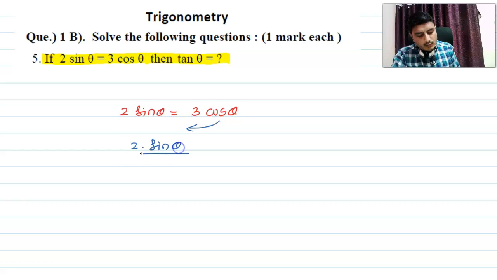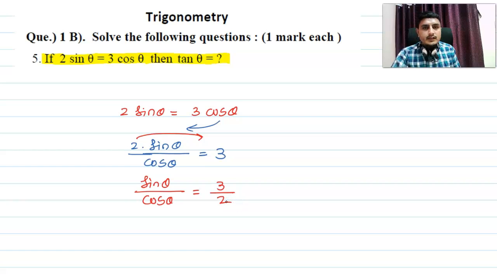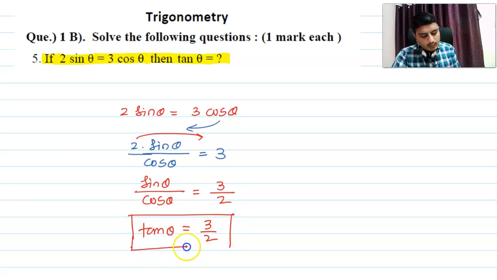So we are getting 2 times the sin of theta divided by cos of theta, that is equal to 3. Now once we shift here 2 from LHS to RHS, the multiplier 2 becomes now the divisor to 3. So sin theta upon cos theta we are getting 3 by 2. Now we well know sin theta upon cos theta becomes tan theta. So tan theta value we are getting here 3 divided by 2.